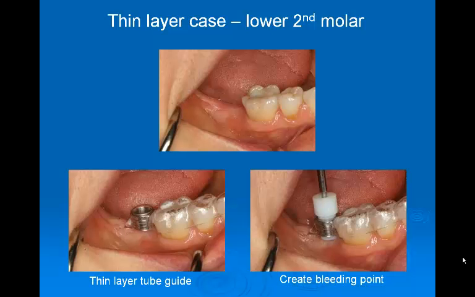The next case is a lower second molar case, which could not have been done with a tube guide due to a vertical space limitation. A bleeding point and pilot hole were created, as in the previous case, using a spear drill through an insert in the tube guide, followed by the spear drill and a drill stop in the ThinLayer guide.